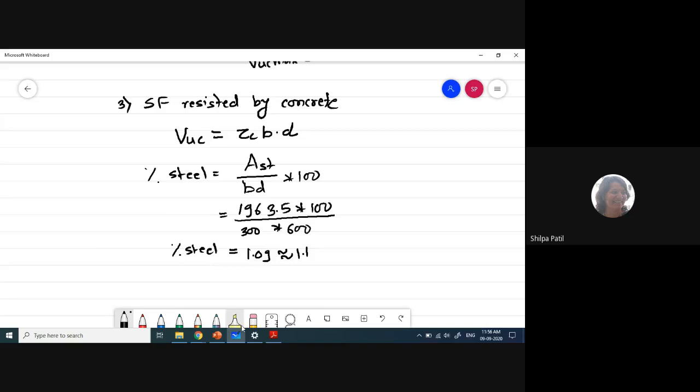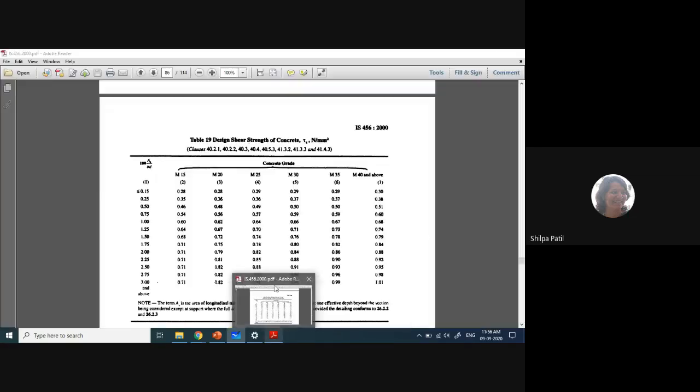And let us check whether the value corresponding to 1.1 is present here. No, it is not present in this table. So you need to interpolate the value between 1 and 1.25. So just do the interpolation and tell me the tau c value.